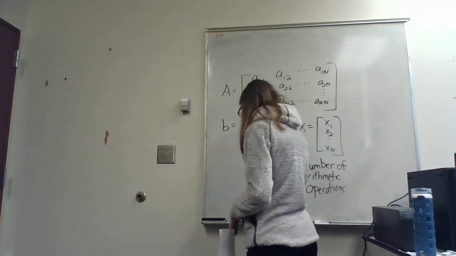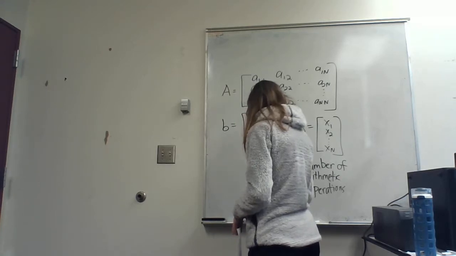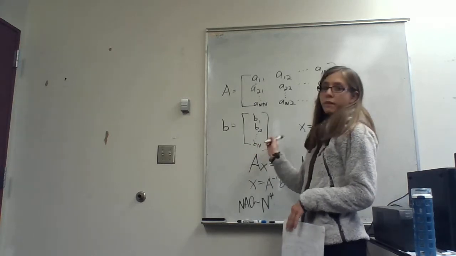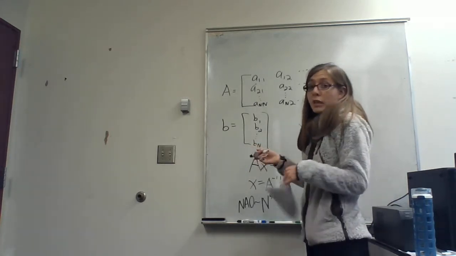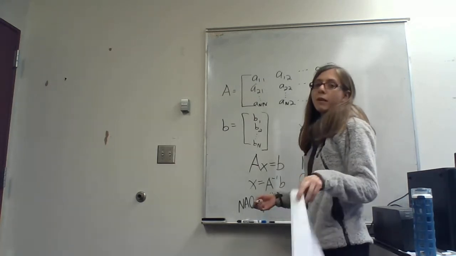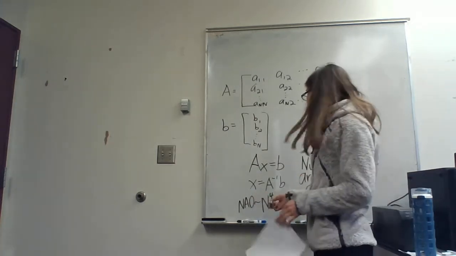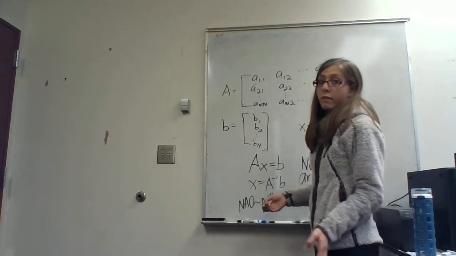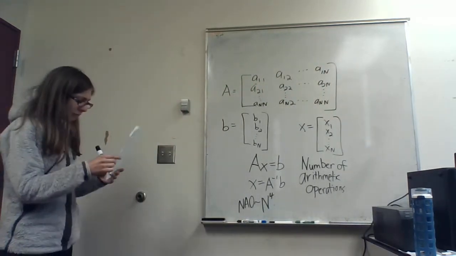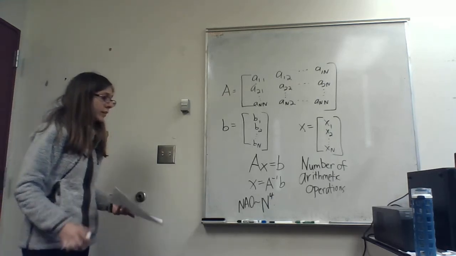I'll write the number of arithmetic operations as NAO, proportional to n to the 4th, where n is the dimension, the number of unknowns. If n is 10 to the 6th, then this is quite huge.